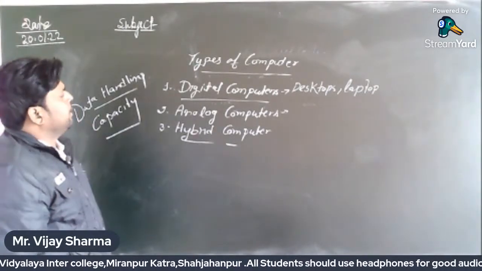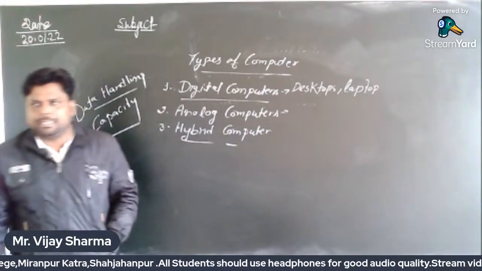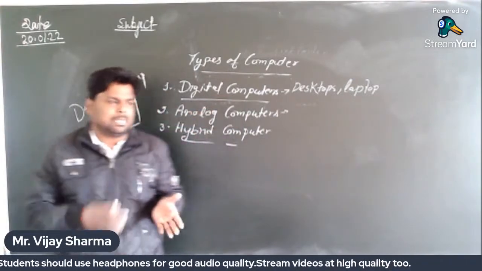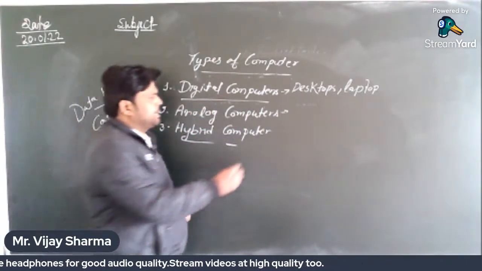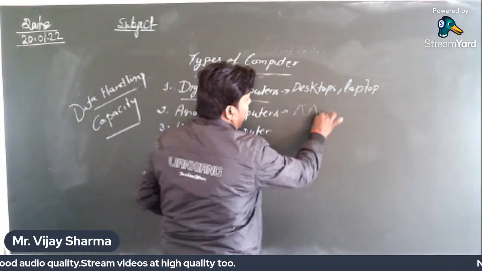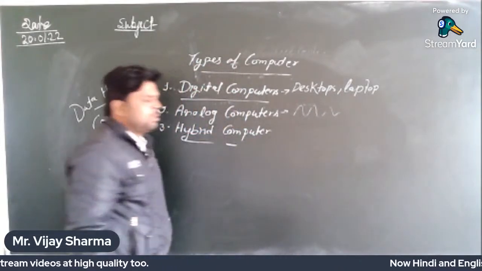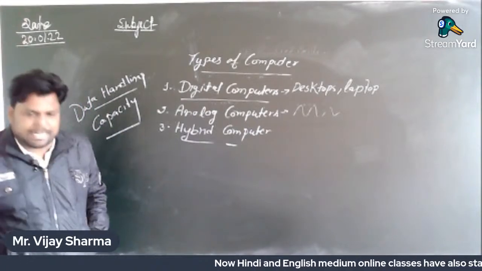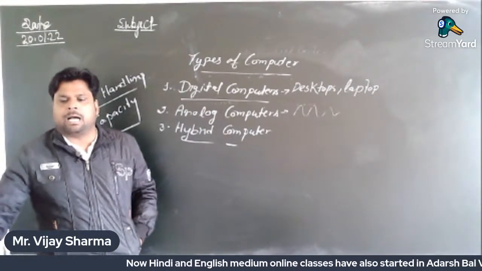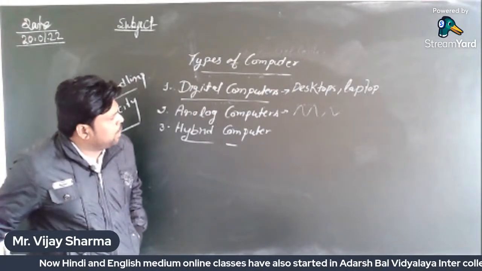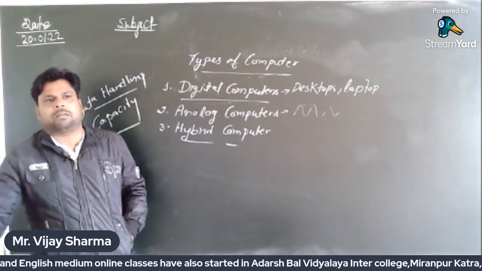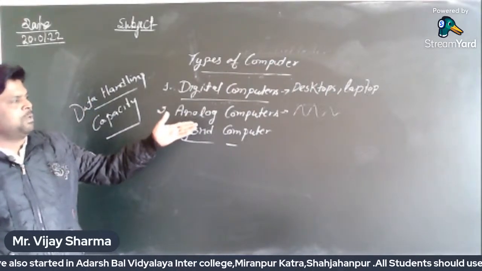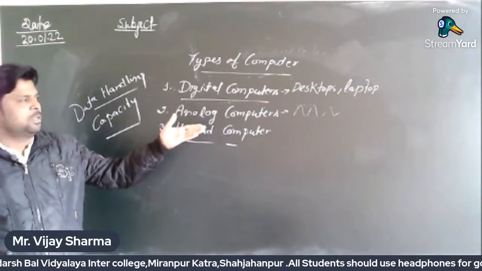It means in analog computers the data depends on the input and changes continuously, so you can see some lines. Current is also analog data where we don't see any type of numbers. In the analog computer, we can't use discrete values, we can only see continuous data based on the input.